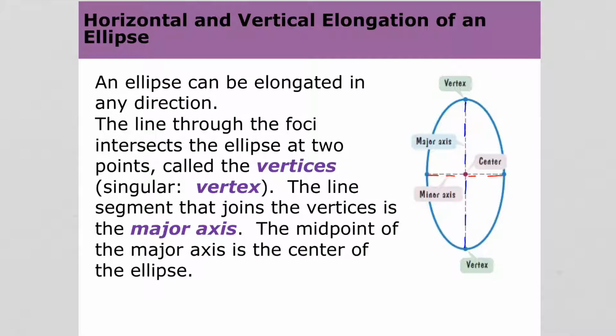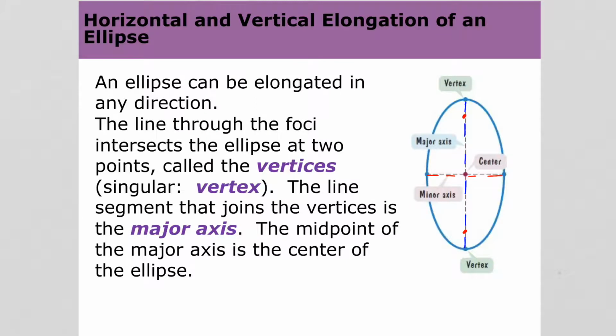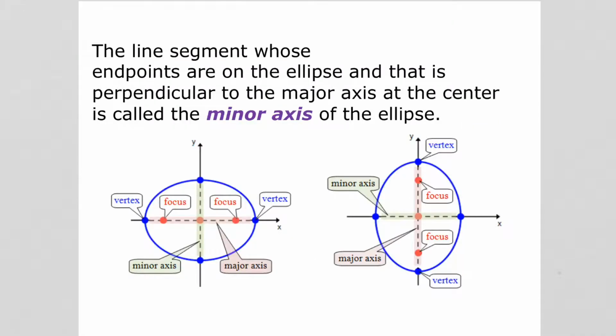Both those axes go through the center, and the major axis will also go through the foci. And then the vertices, again, you've got the major vertices along the major axis, and then the minor vertices along the minor axis. And here's just two more pictures of the same thing with them either horizontal or vertical.